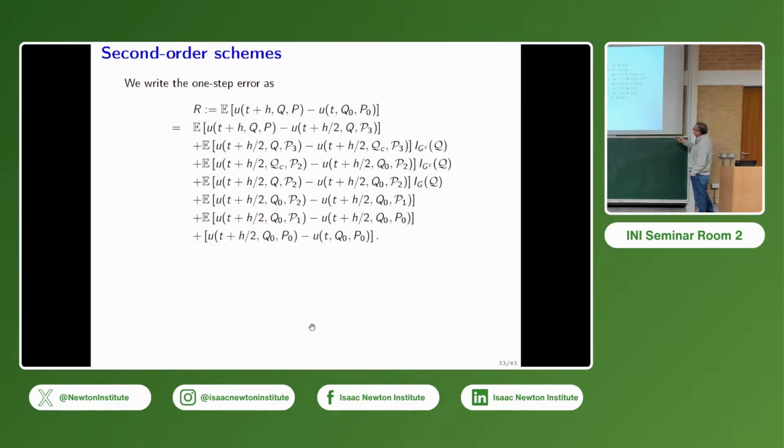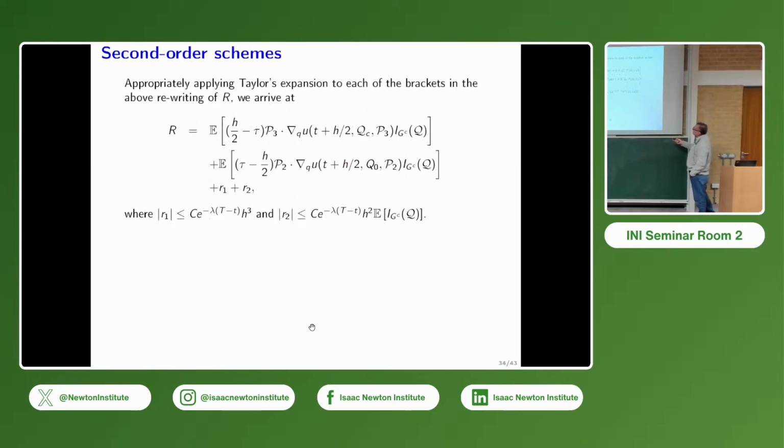But that's more or less the usual stuff, and we expand all these errors carefully, and eventually we arrive at this expression. So R1 and R2 are in the right form, but these terms, if we do nothing with them further, are of order h, because tau is of order h. This can be considered bounded. So we need to work carefully, but you see from the structure that if tau is exactly h half, they disappear.